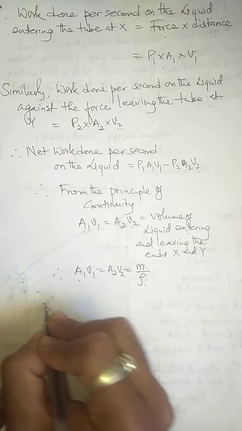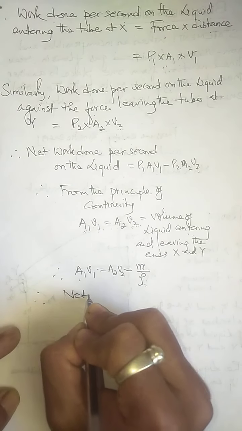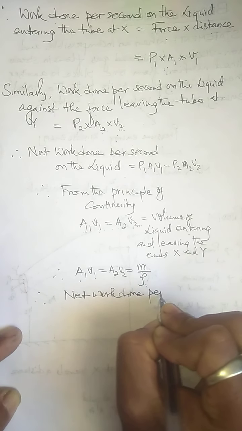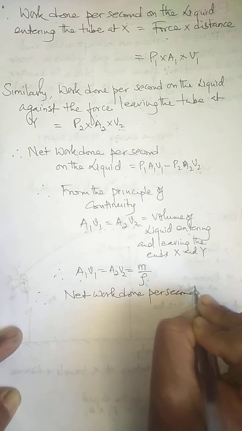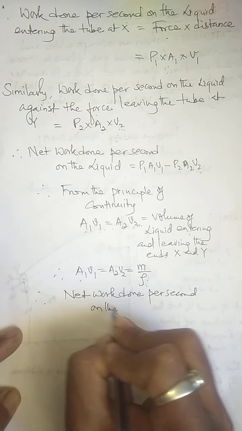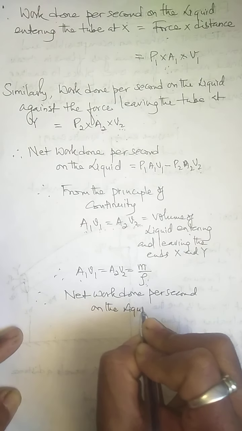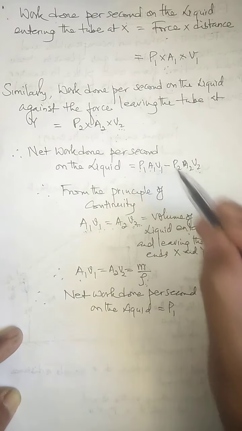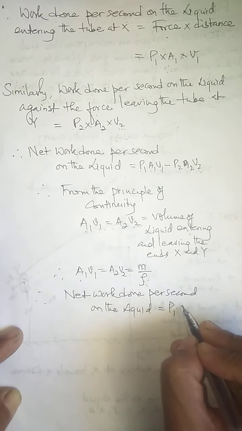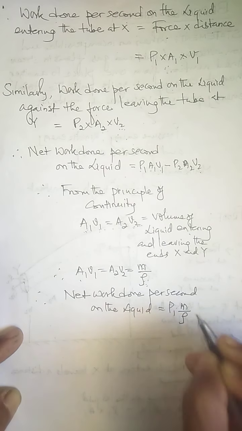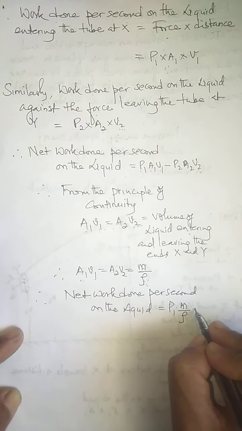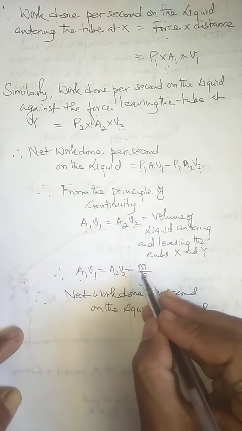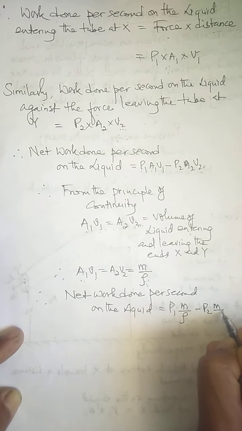So I write down the net work done per second on the liquid is equal to P1 A1 B1, but A1 B1 I write as m by rho, minus P2 A2 B2, and A2 B2 is also m by rho, so I write m by rho.